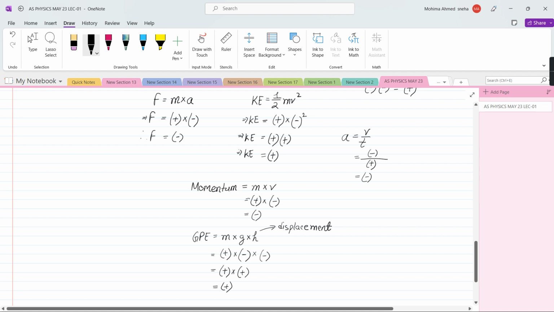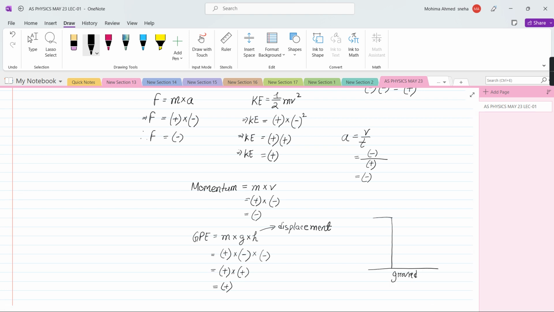Any questions? Why is H negative? H is considered to be negative because we are dealing with displacement here, not distance. Whenever we are dealing with the height fallen or height increase of any object that is moving, for example, this is the ground level, and this is the top of the cliff, and a ball was thrown downward.